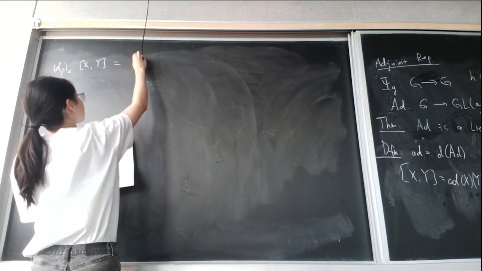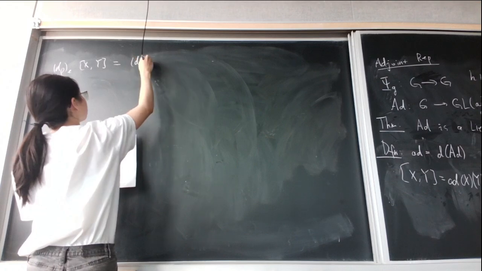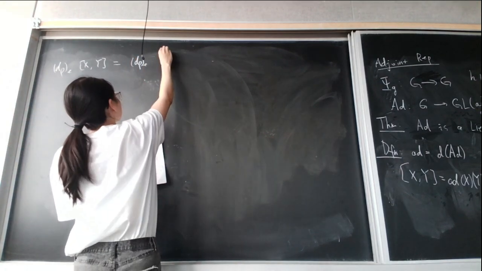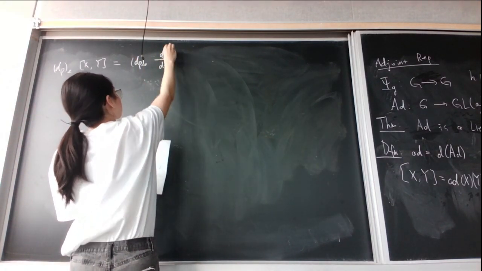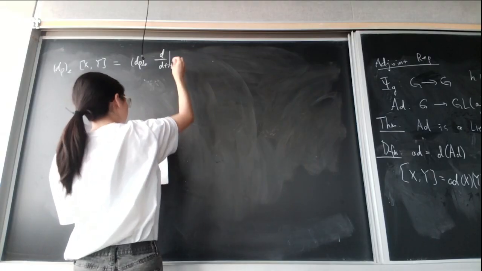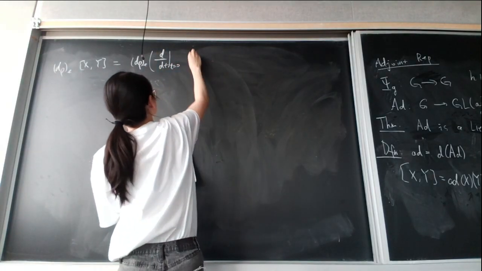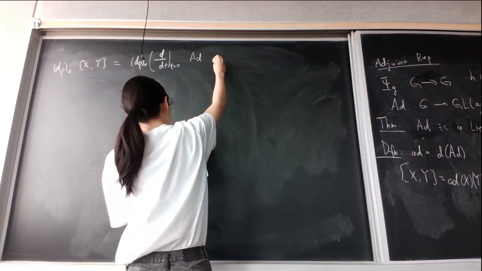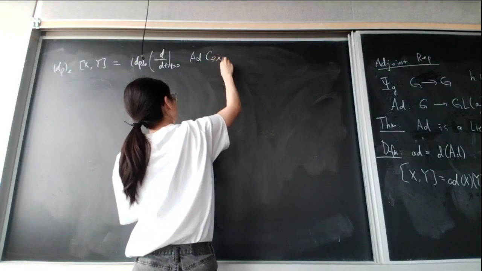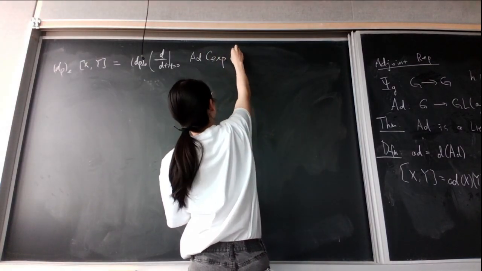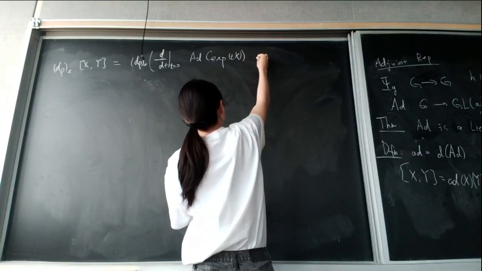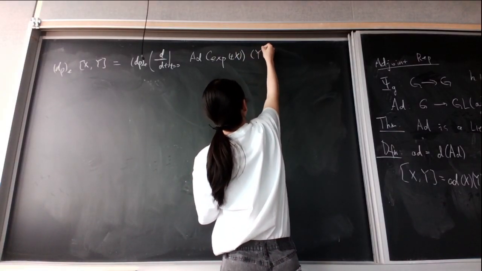And this is equal to d/dt at t equals 0 of rho applied to Ad of exp(tx) applied to y.